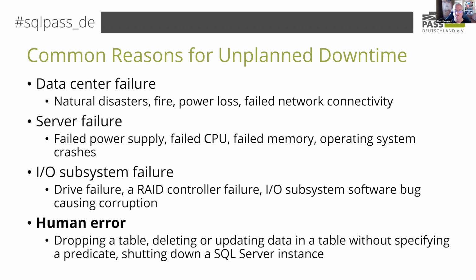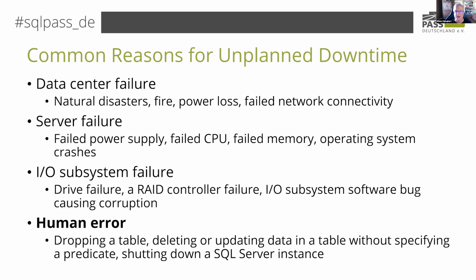Fire can be an issue in some areas, or losing power for an extended period, although most data centers have diesel backup generators, but how long is that going to last? Another reason is maybe somebody has a backhoe and they cut through an internet line and then the data center is offline for a while.